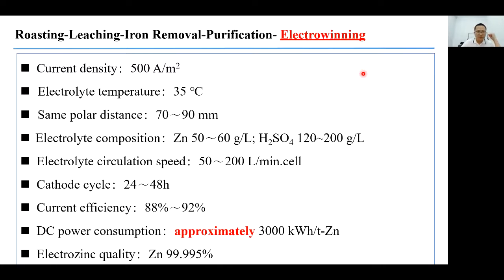And some processing parameters: current density 500 amperes per square meter, temperature 35 degrees, and approximately 3,000 kWh per ton of zinc is needed, and it has very high purity. But the current efficiency is only 92%, and there are side effects on the cathode and anode, and also voltage decrease in the solution, and also conductivity.